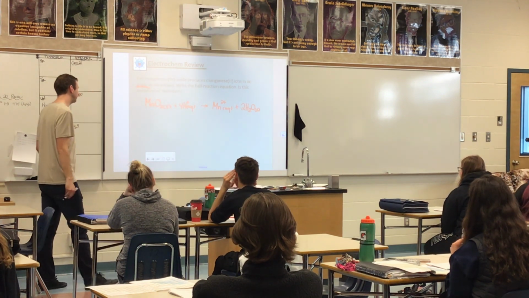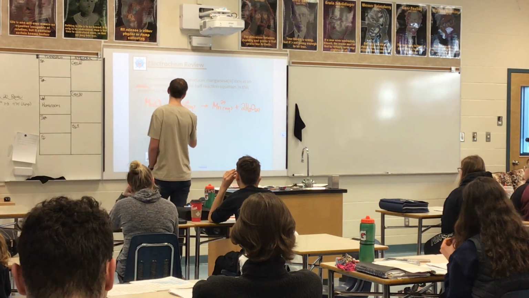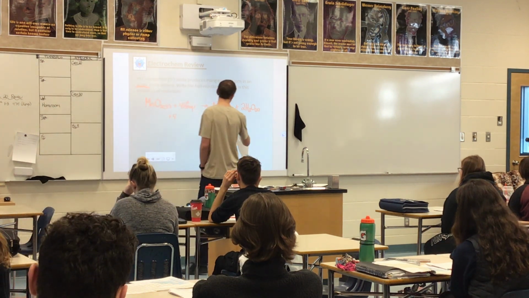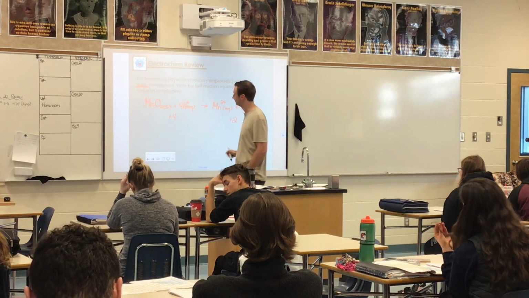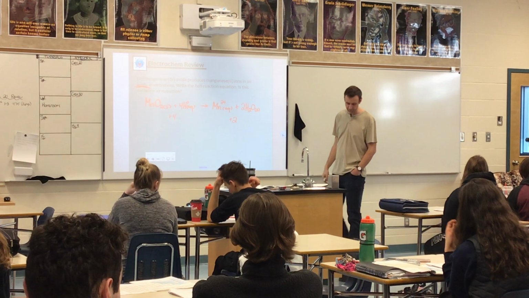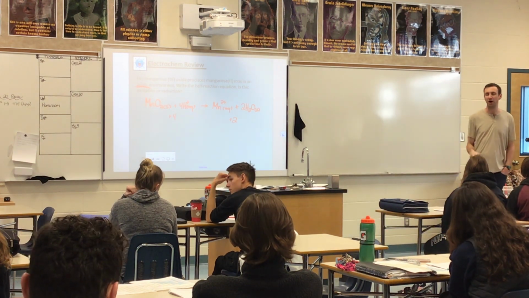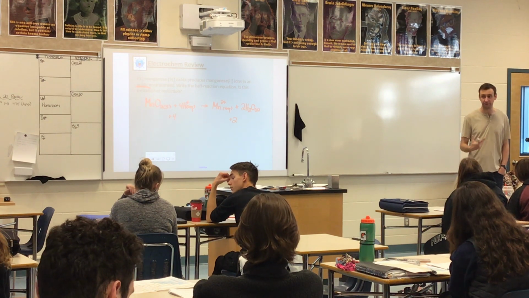And now I take a look at charge on both sides, and I have positive 4 on the left and positive 2 on the right. I'm always adding electrons to the more positive side, right? Electrons are negative.